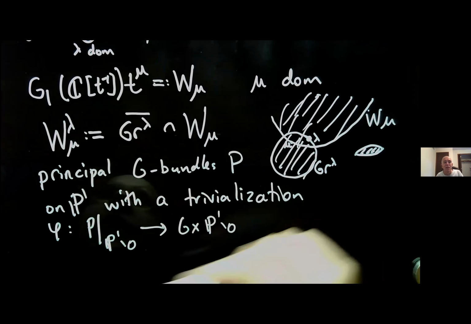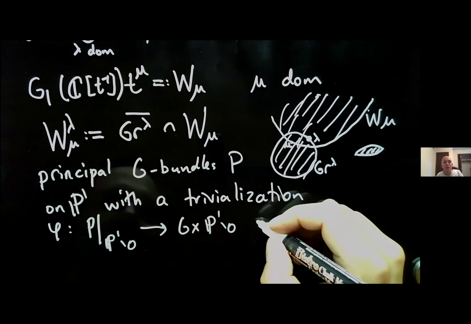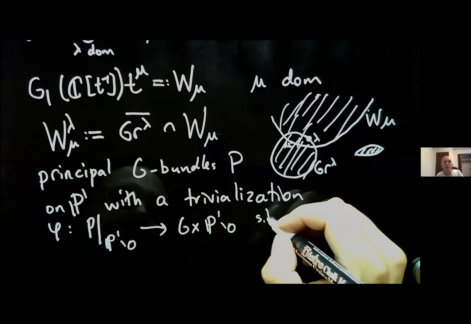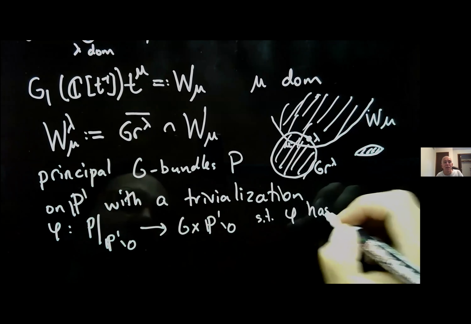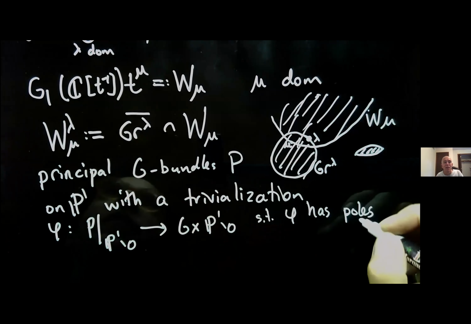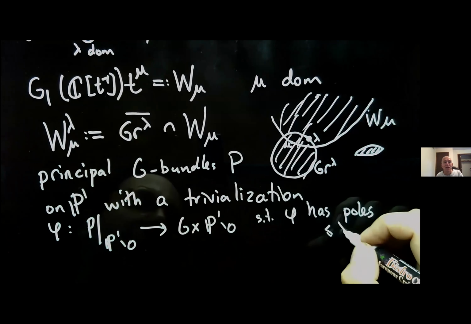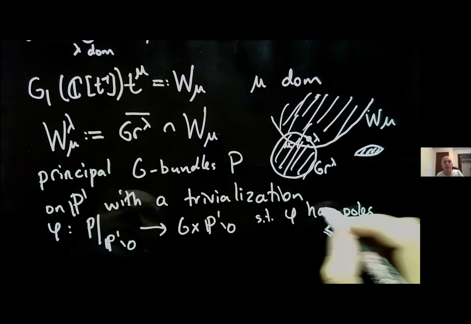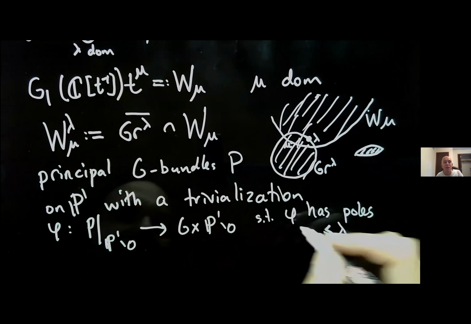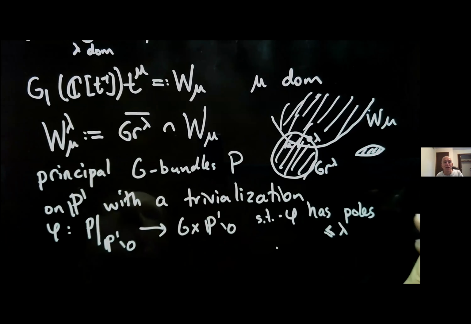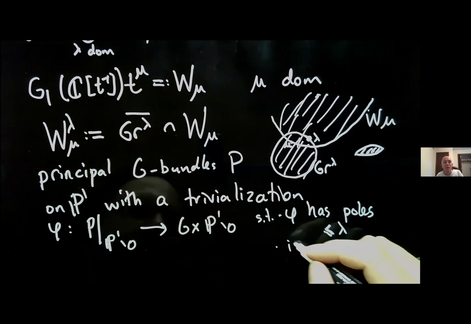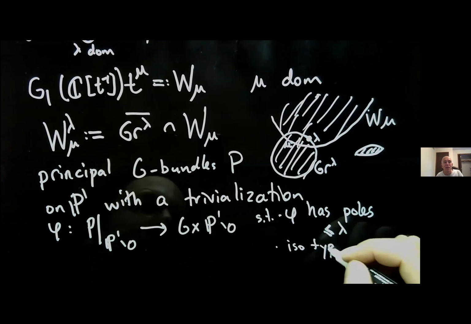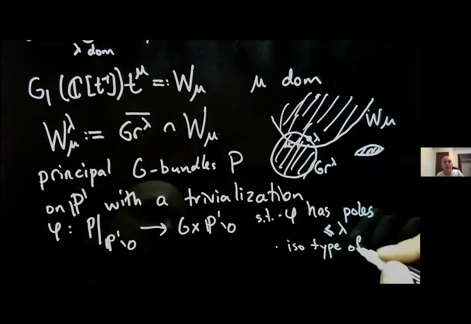Then where lambda and mu come in, they come in such that phi has poles somehow less than or equal to lambda. I won't explain in what way the poles can be less than or equal to lambda, but it's possible to give an interpretation of that. And the second condition is that the isomorphism type of the bundle is given by mu.